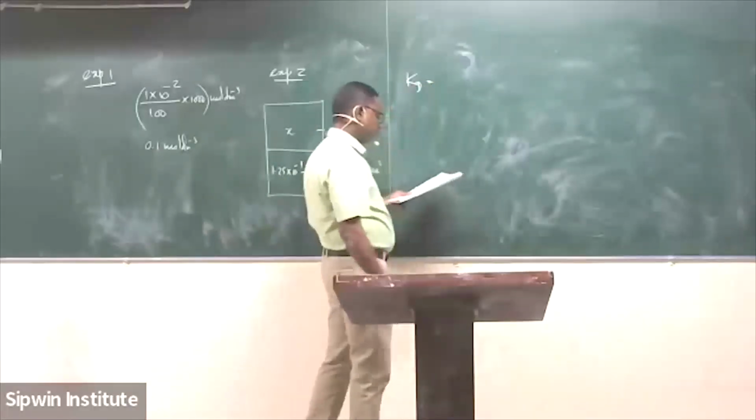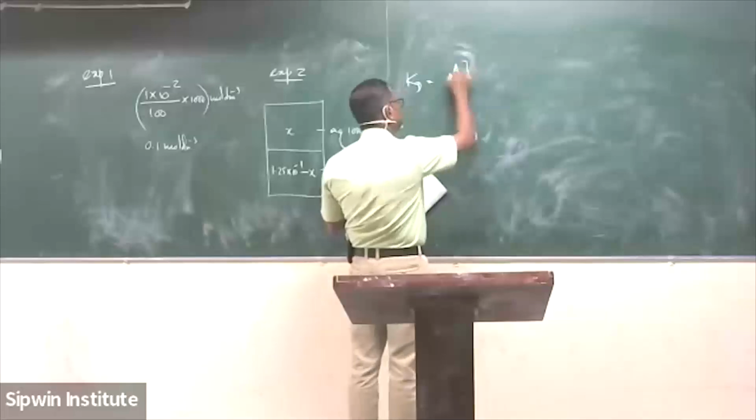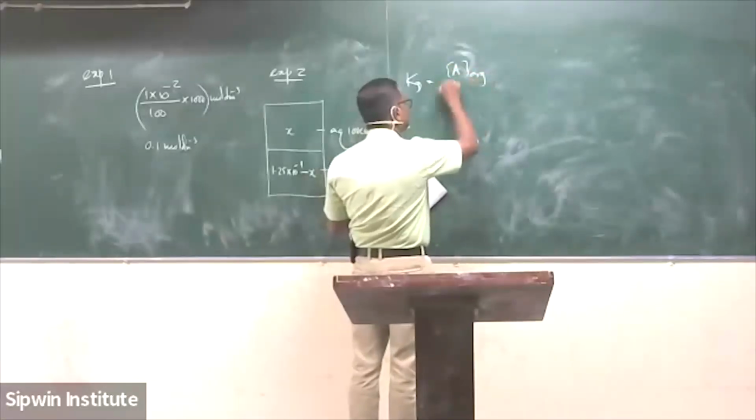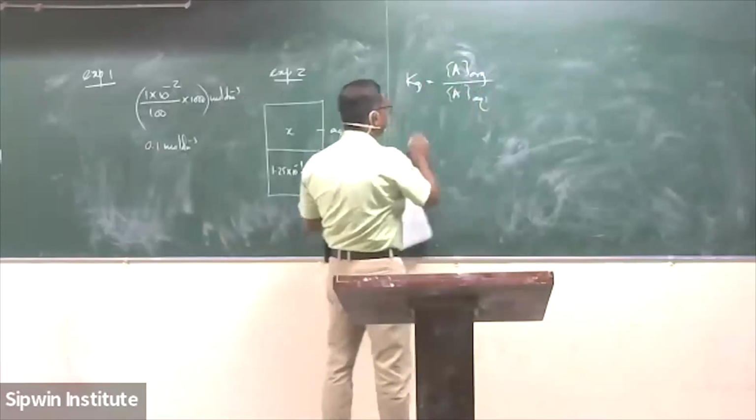KD equals organic layer divided by aqueous layer. It's given as 4.